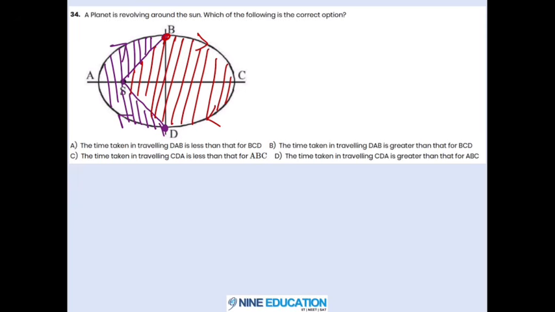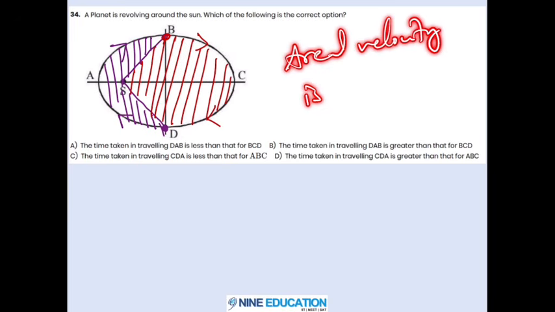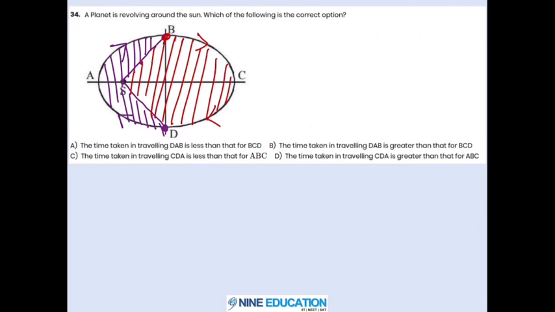Therefore, the planet takes more time to travel from B to C to D than it takes to travel from D to A to B. Therefore, the correct option is A. So this is based on the Kepler law that says areal velocity is constant, not equal, is constant. Got it? Let us go to the next question.